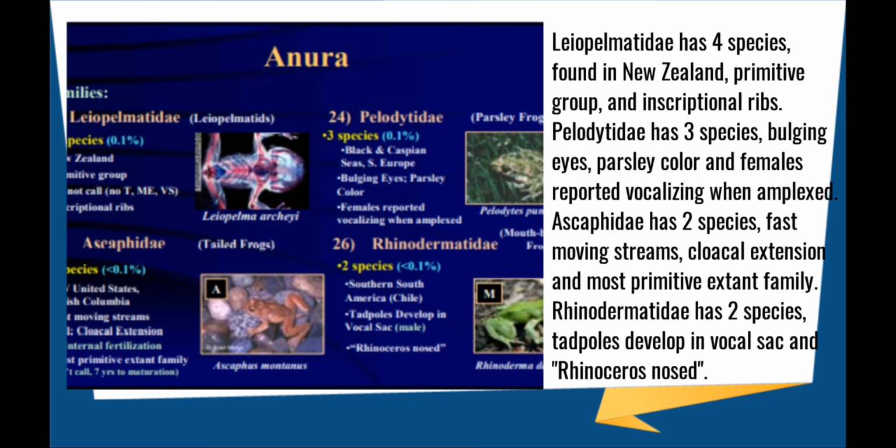The Pelobatidae has 3 species and they have bulging eyes, parsley color, and the females are reported vocalizing when amplexed. The Ascaphidae has 2 species, live in fast-moving streams, and have a cloacal extension, and are the most primitive extant family, while the Rhinodermatidae has 2 species. The tadpoles develop in the vocal sac, and a rhinoceros nose.